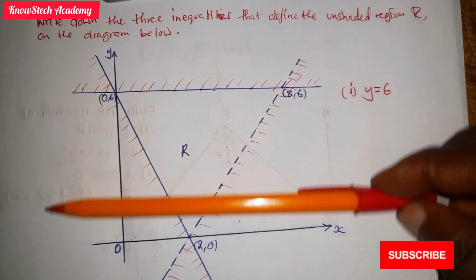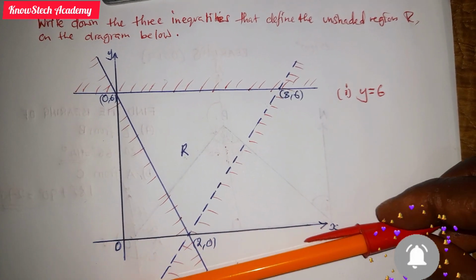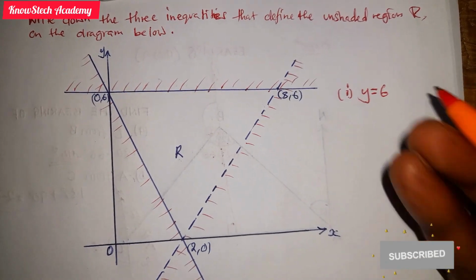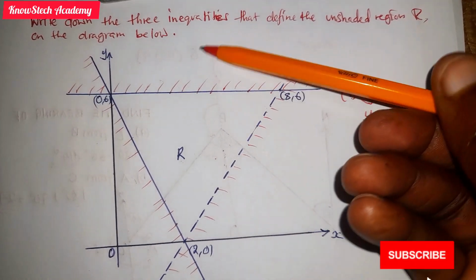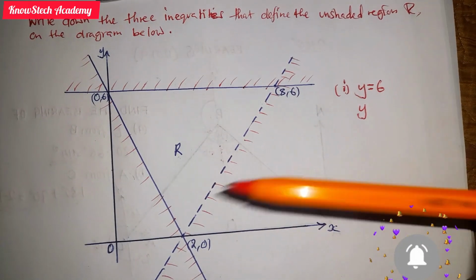If the shading is down, it is less than. And we always write the inequality opposite to the shading. So here the shading is greater than, so the inequality is less than.